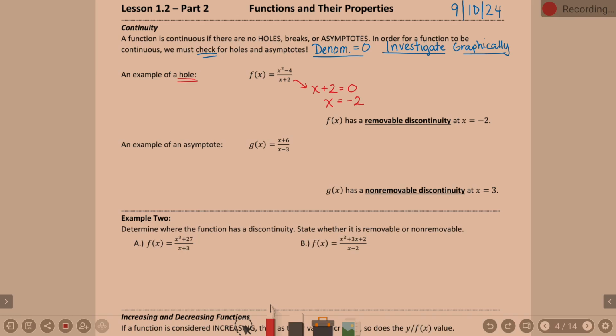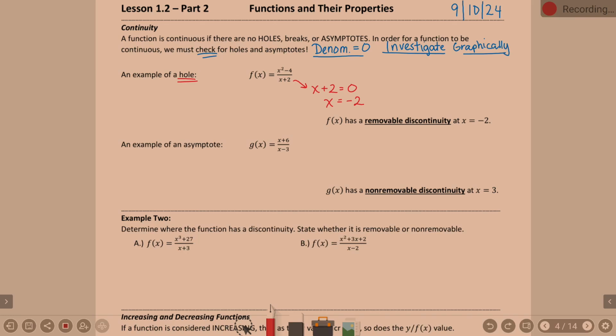Subtract the 2 over, and x equals negative 2, yes? So here's what I know right now without doing any work on the equation. Because putting the denominator equal to 0, I got x equals negative 2. I know there's either a hole or a vertical asymptote at that point. Now, the question is, which is it?